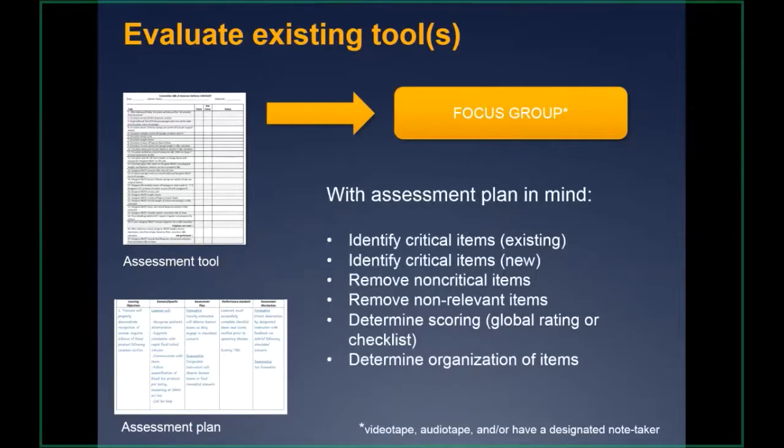Well, we have our assessment plan that we originally developed a priori. We have this assessment tool with maybe some additional items. That's totally cool. We look at this, we identify the critical items that are already on that instrument. We identify critical items that are new. Maybe we missed something and we need to add them, particular for our own institution or learners. Also, I like to have people look at non-critical items.